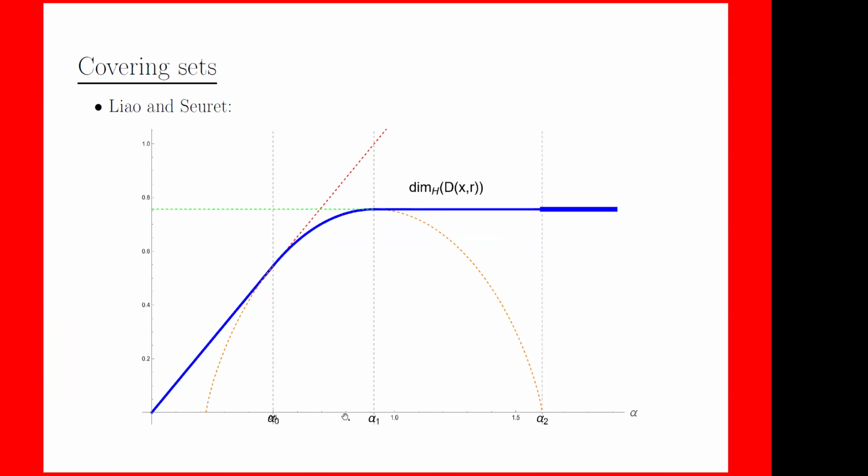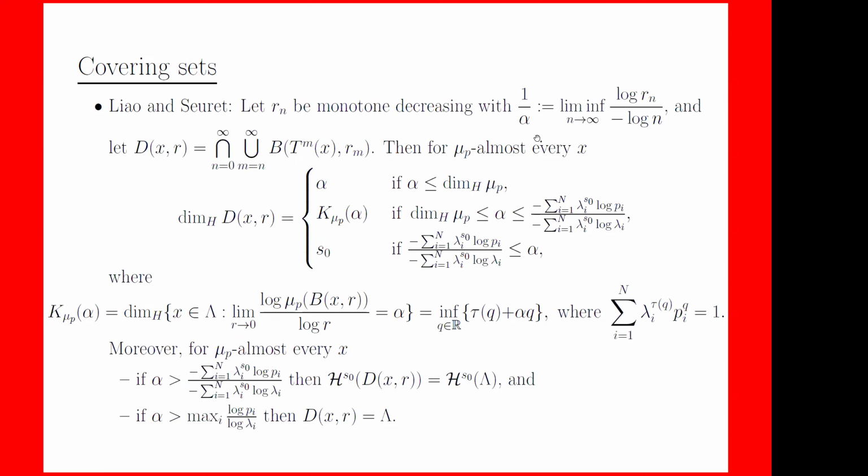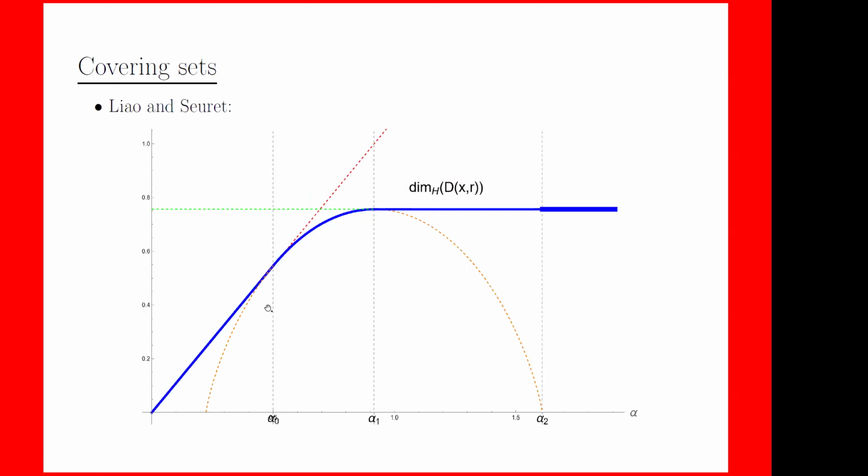It's much more informative to look at this. So what is this orange dashed curve? This orange dashed curve is the multifractal spectrum of my self-similar measure. This is the smallest possible value. This is the largest possible value. You begin to increase the value alpha. 1 over alpha is the graph.